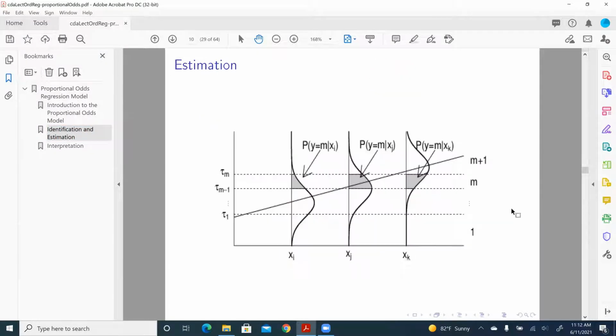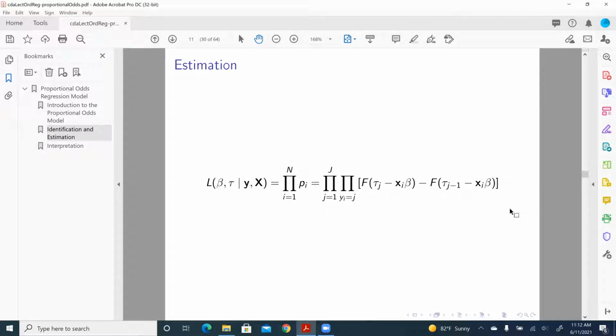Next step is to express the likelihood, that is quasi probability, as a product term of these individual probabilities. And we have this function.